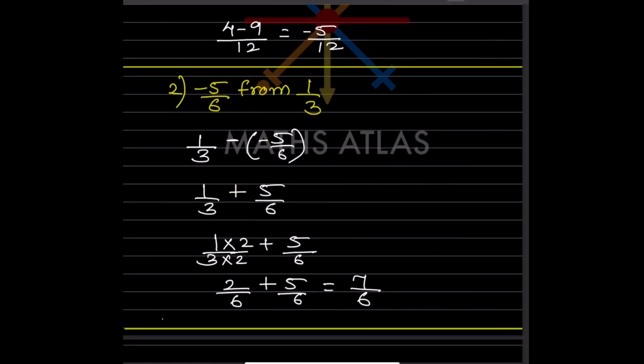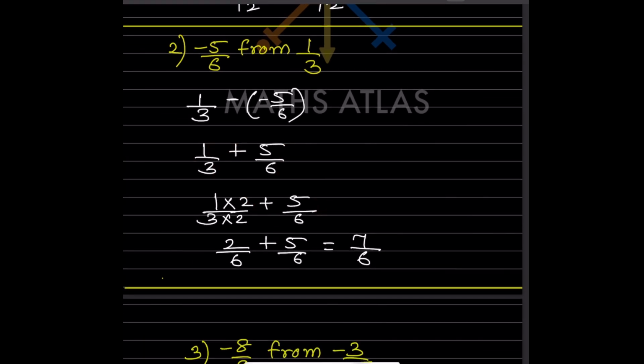Let us look at the denominator. That is going to be 6. Here it will also be 1. Even if we write it or not, it's the same, because anything multiplied by 1 is the same number. So now this will be 1 by 2, and this will be here. So that will be 2 by 6 plus 5 by 6. That will be 7 by 6. So this is the answer.